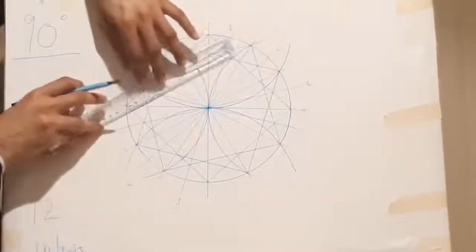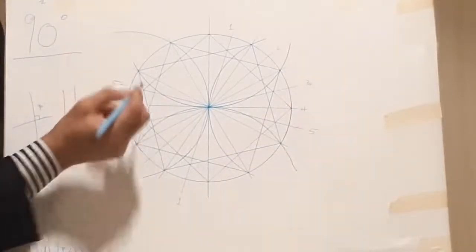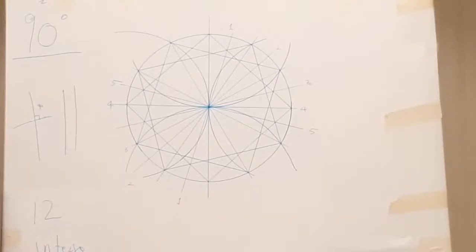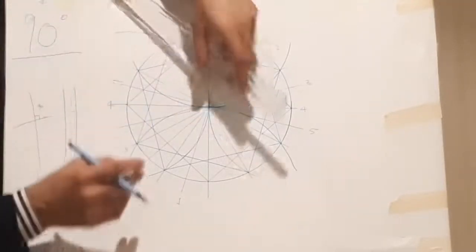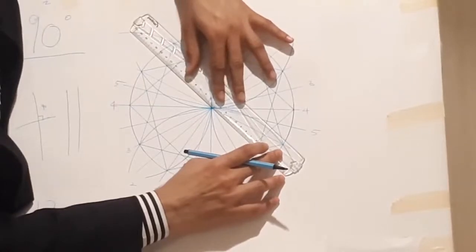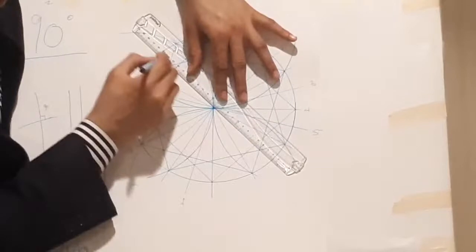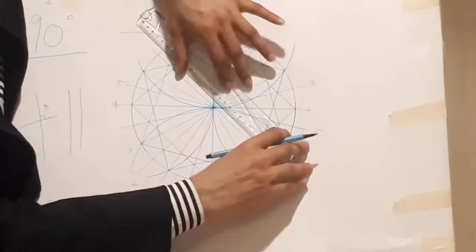So this is your fifth line, 5, 5. Then moving on to the sixth line, which will start from the third point.